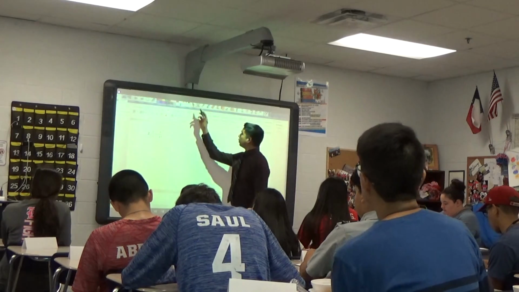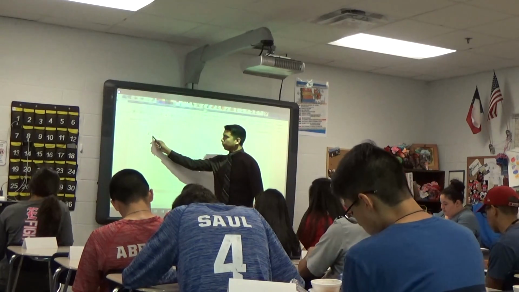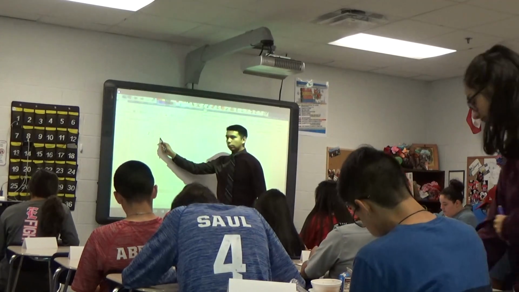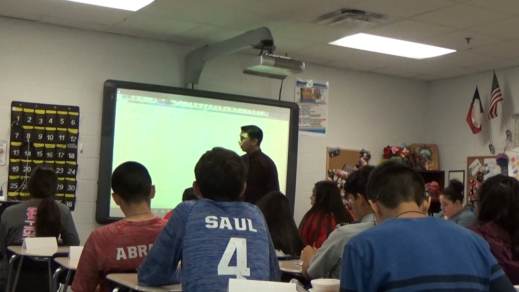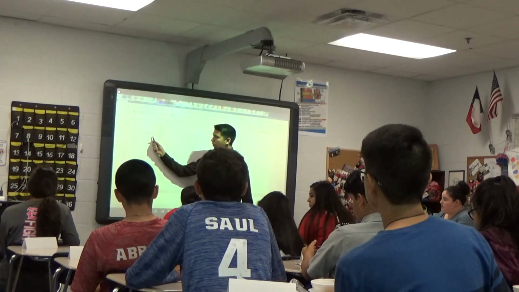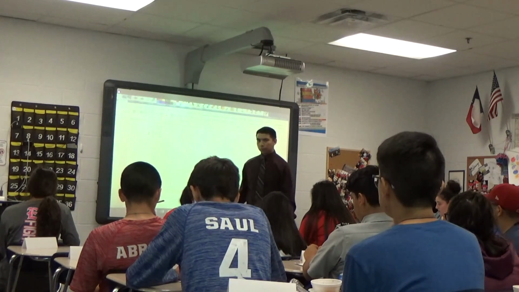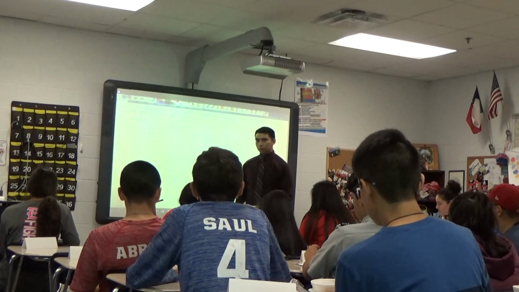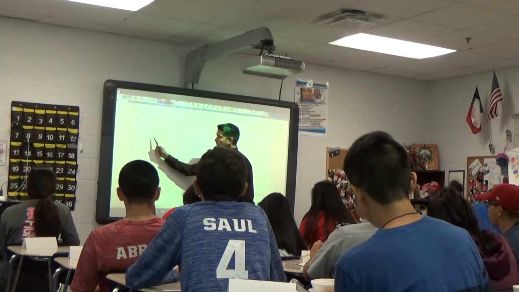Now, the second question, 2 over 3 minus 6 over 11. Let's go with Saul. So how would we subtract fractions? The same as adding, but we get the common denominator. Okay, so we get the same common denominator.